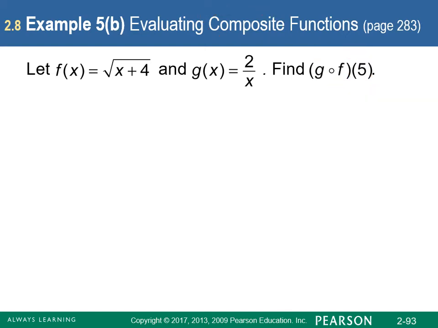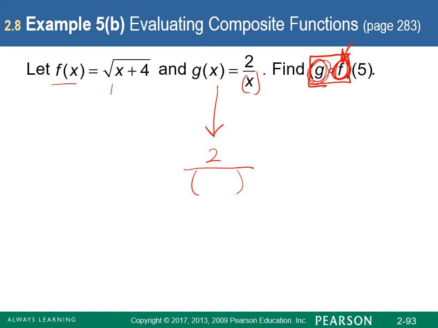And I'll show you the other option as before. When I look at this g of f, if I write down the g function, since it comes first, that's 2 over x. Now I'm just going to put parentheses where the x is. Then, in those parentheses, I'm going to put the second function.